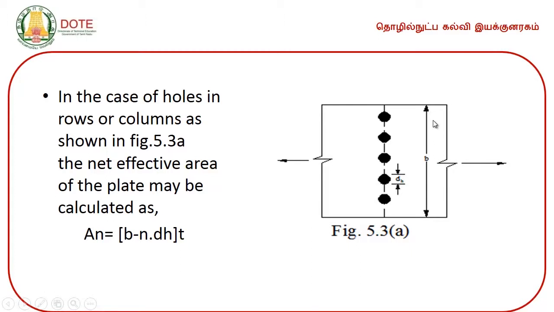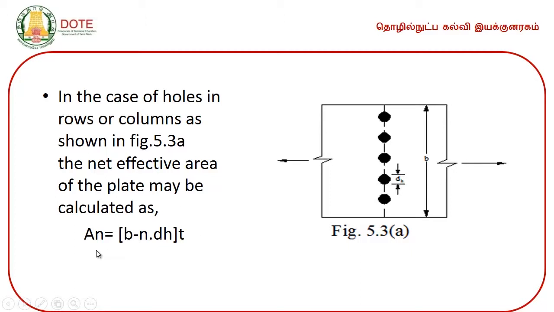Let me say the breadth of the plate is B and the thickness of the plate is T, and the hole diameter is denoted by D suffix H, and this is the column of holes 1, 2, 3, 4, 5 etc. And the net area is calculated like this: from the breadth of the plate you deduct the diameters of the number of holes, and you multiply that by the thickness of the plate, that will give you the net area.